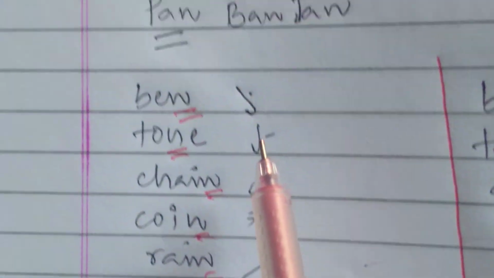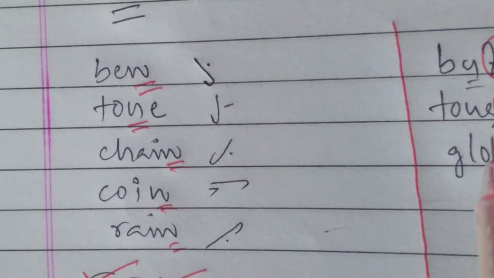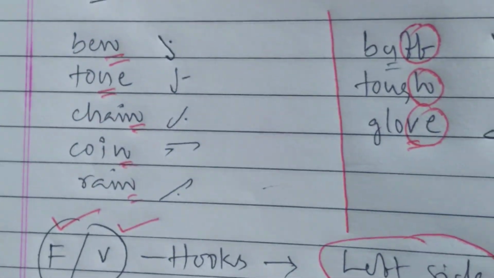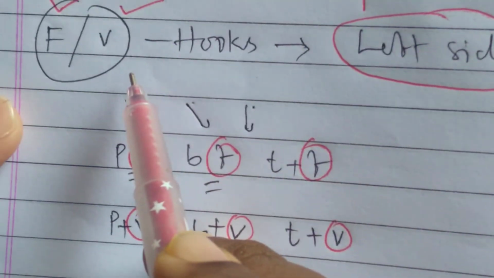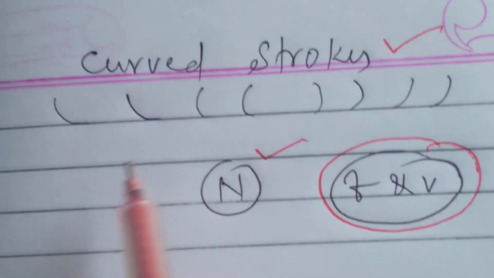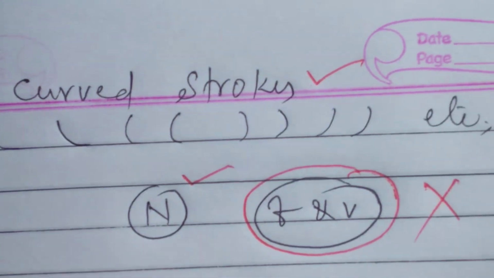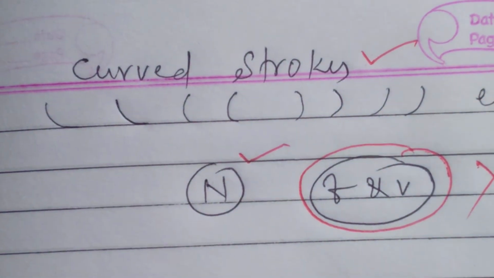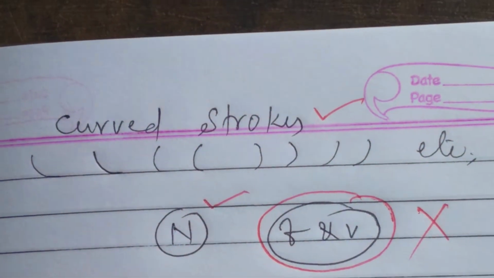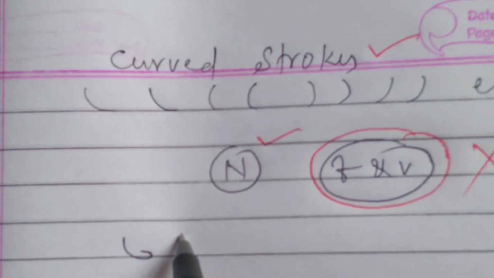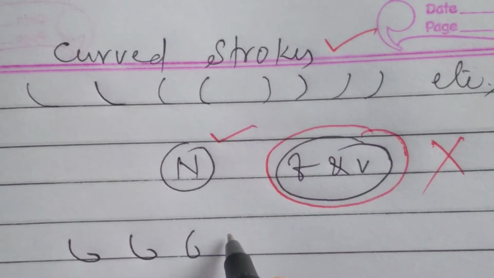Here, for straight strokes, the right side direction indicates N sound, and the left side direction indicates F and V. But here you can see these are all curved strokes: F, V, th, S, Z, sh, G, M, N, ing, L, etc. Here we are unable to move it as left motion, right motion like this.